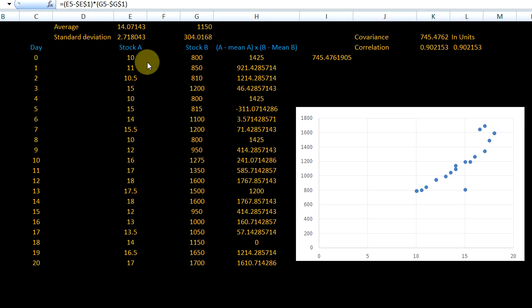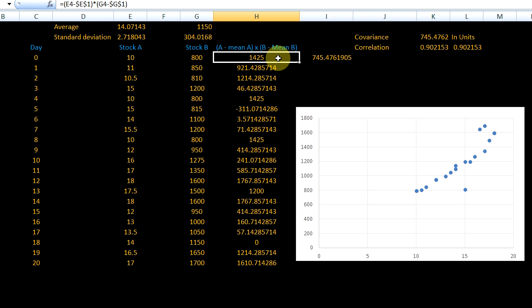So here I've calculated the covariance and correlation between stock A and stock B using Excel. You can see here, these are the individual values of stock A and stock B. And what I've done here is I've calculated (A minus mean of A) multiplied by (B minus mean of B).